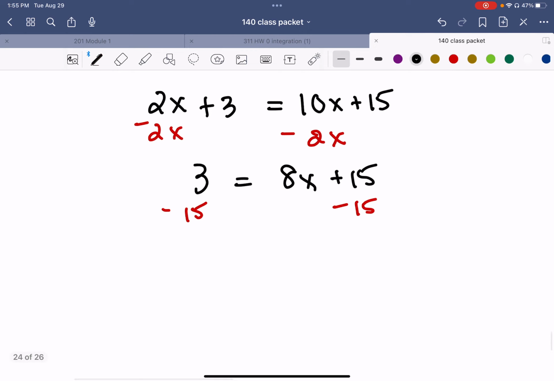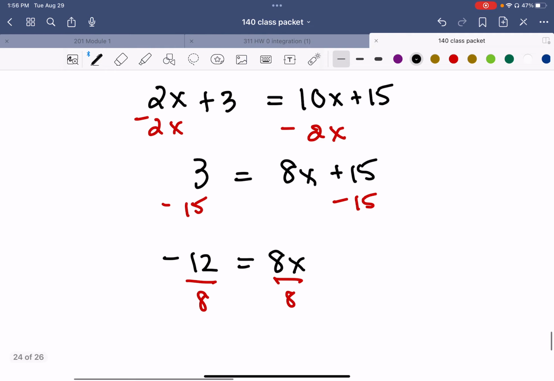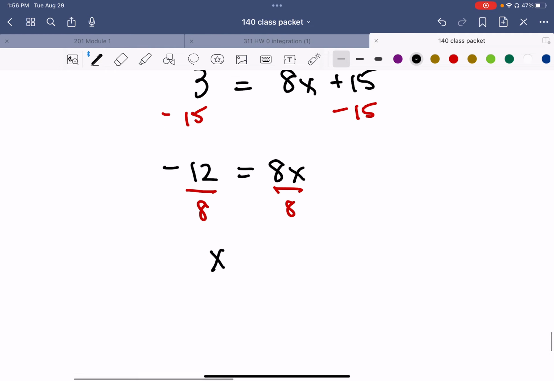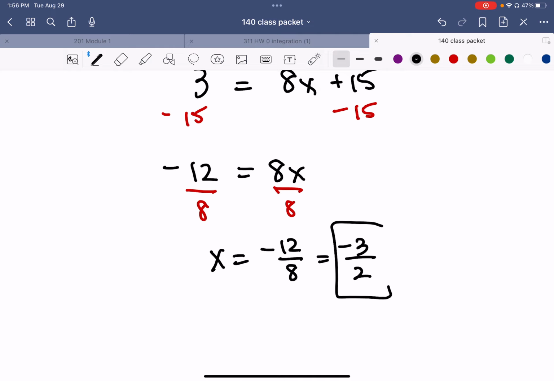That's going to give us negative 12 equals 8x. And then I can divide both sides by 8. And when I do that, I get x equals negative 12 over 8, which you can reduce by 4s. 4 goes into 12 3 times, 4 goes into 8 twice. So negative 2/3 is what we get for our x.